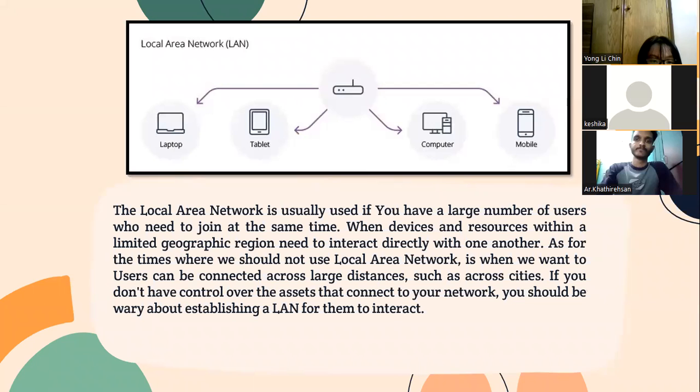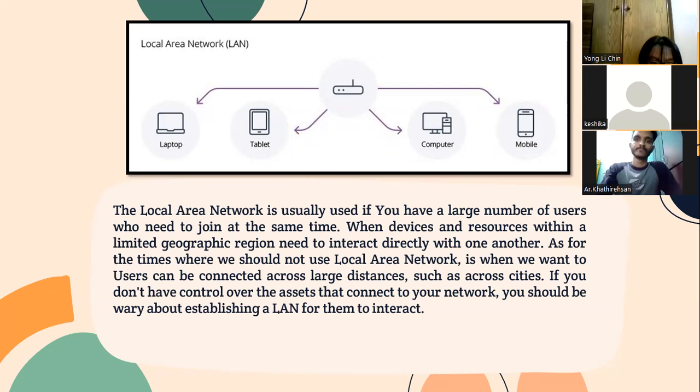A local area network is usually used if you have a large number of users who need to join at the same time, when devices and resources within a limited geographic region need to interact directly with one another.